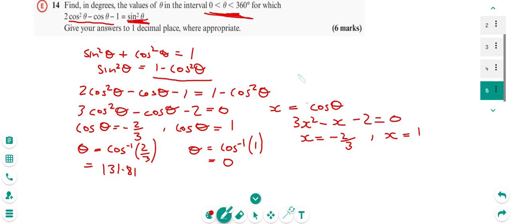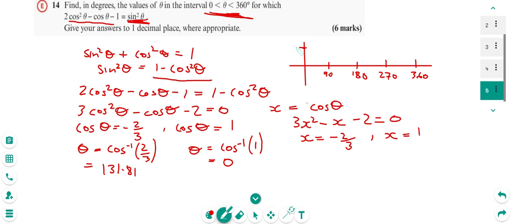So it's always handy to draw a graph of this. So just draw a quick cos graph for this in the range. So 90, 180, 270, 360.